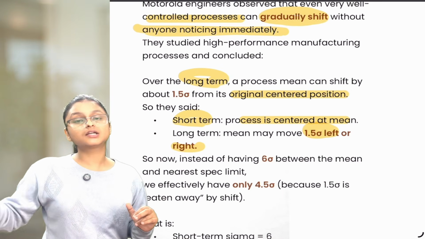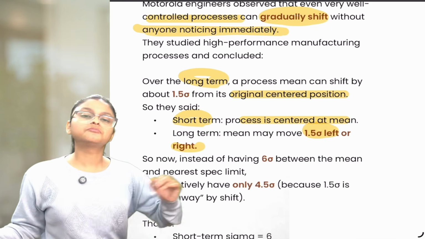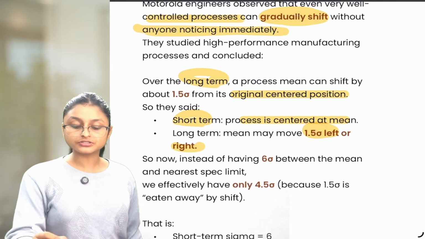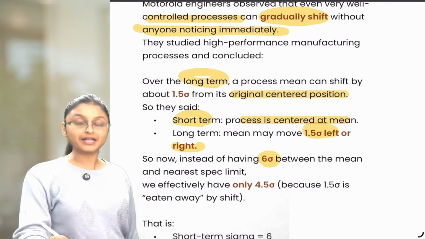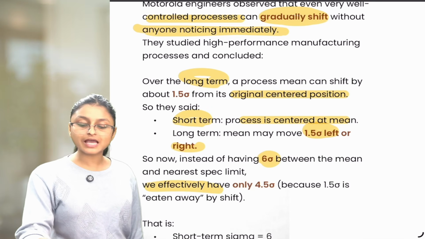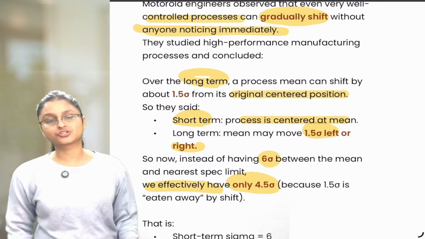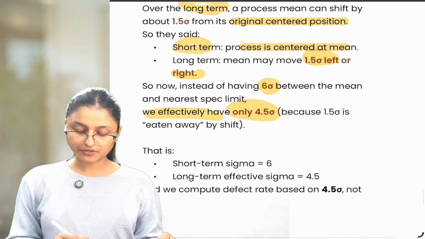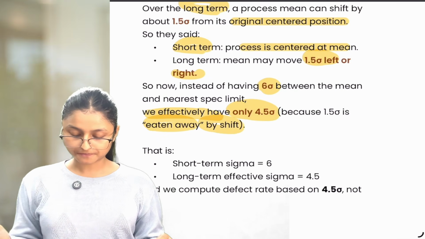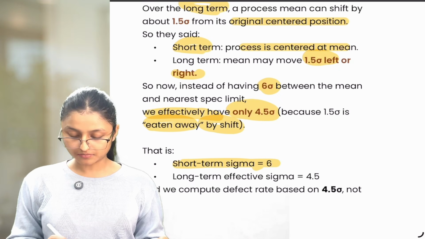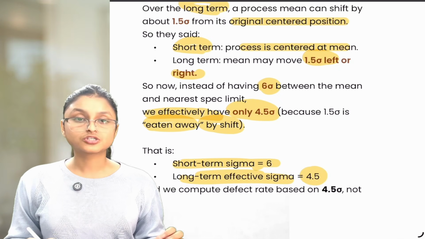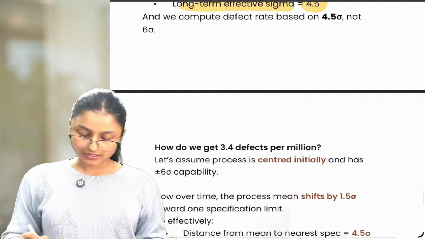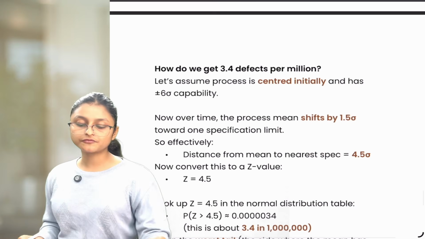It's not necessary that it will move forward; it can move backward also. So now instead of 6 sigma between the mean and the nearest spec limit, we effectively have only 4.5 standard deviation, because that is the near area, because 1.5 is eaten away by the shift. In the short term we call it 6 sigma. In the long term, it is just 4.5 sigma. How do we get this 3.4 defects per million?